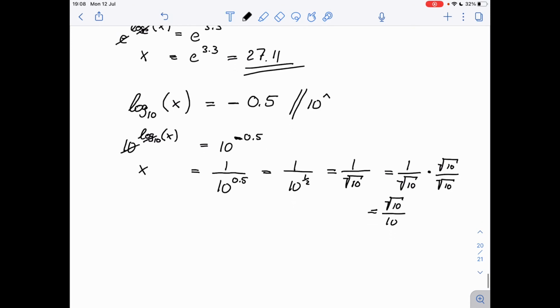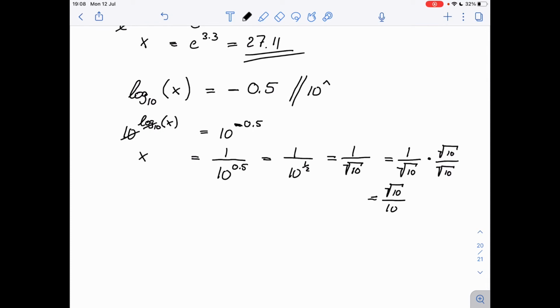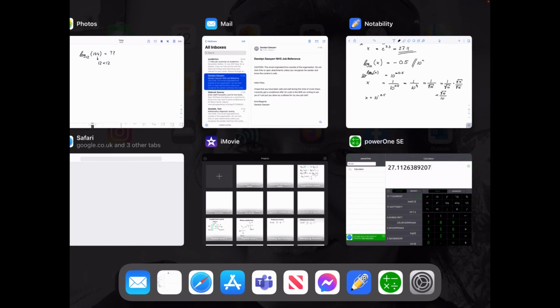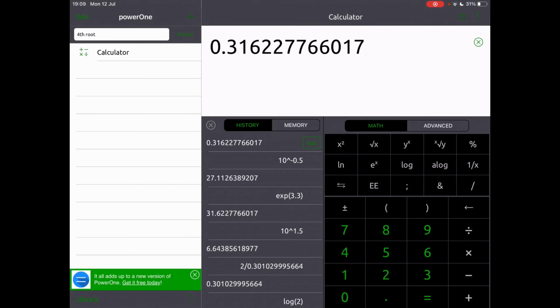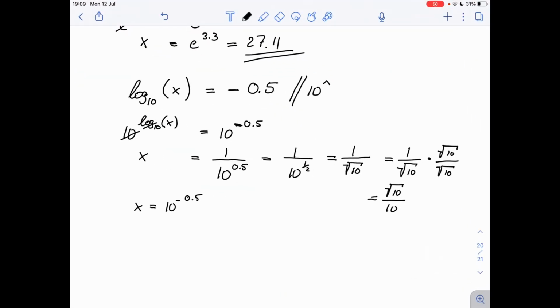This was just a little bit of fun for me to apply some of the rules, but we had x equals 10 to the power of negative 0.5. Let's put that into the calculator. So we have 10 to the power of negative 0.5, and we get 0.316.